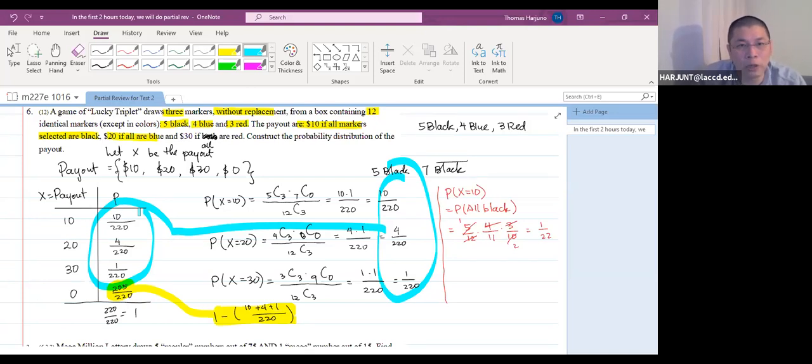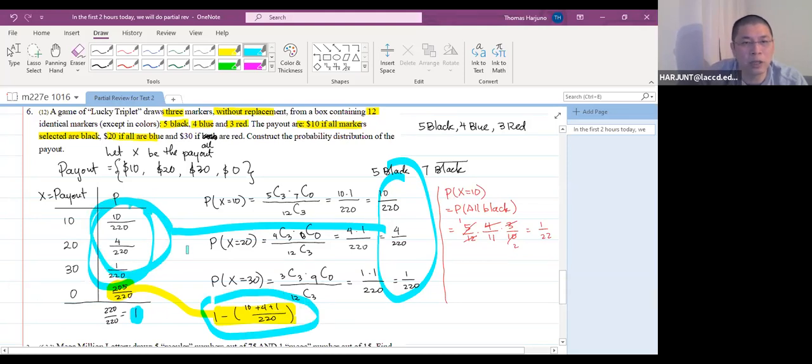So instead of computing them one by one, we just see that the total has to be 1. If the total has to be 1, then I do this computation, 1 minus the sum here, to get the remaining probability with payout 0.